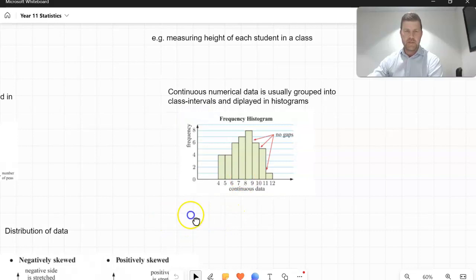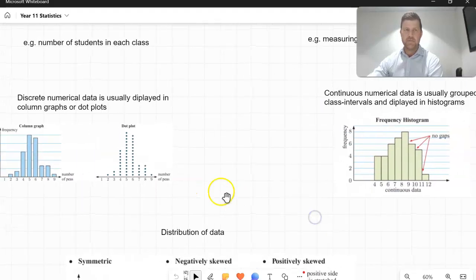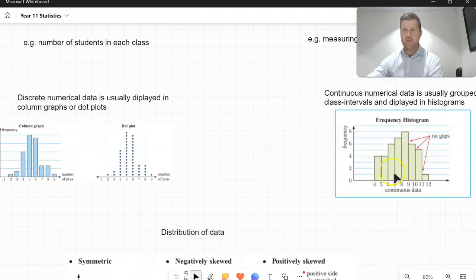And the difference between a histogram and a column graph, as you can see there, is a histogram doesn't have any gaps in between those columns or those towers, because it might be, like I said, 160 to 170, and then 170 to 180. I mean, those numbers aren't representative of what I'm actually saying, but that's the example I'm trying to use. So there shouldn't be any gaps in between those towers because it is continuous.